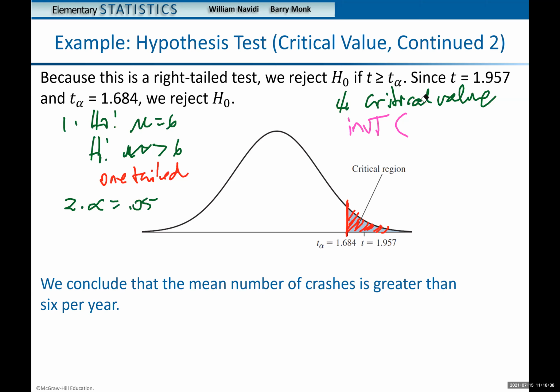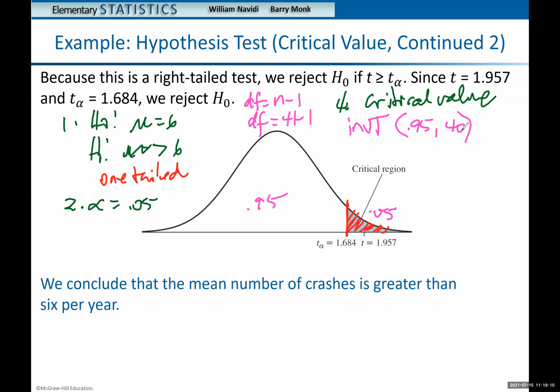Because if this is 0.05, then this is 0.95. And when you use inverse T, it is always to the left, right? So that's why this is 0.95. And then the other one is degrees of freedom, which is n minus 1. I think n is 41, so 41 minus 1 is 40.